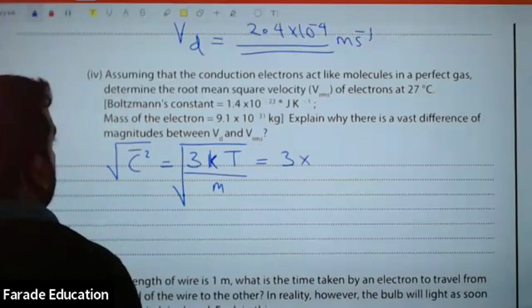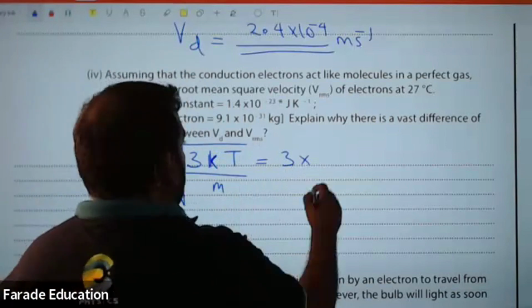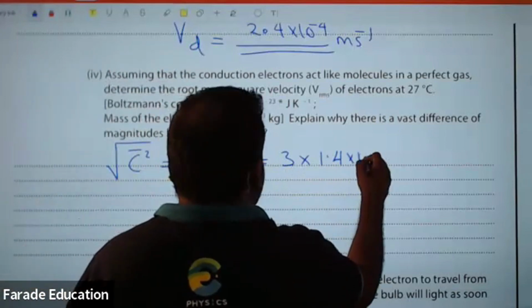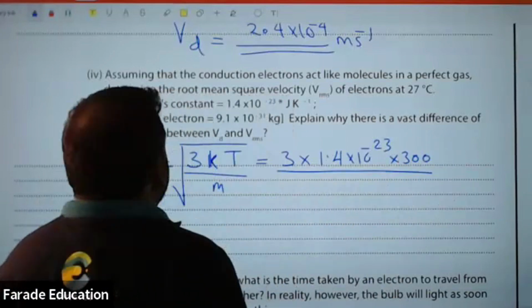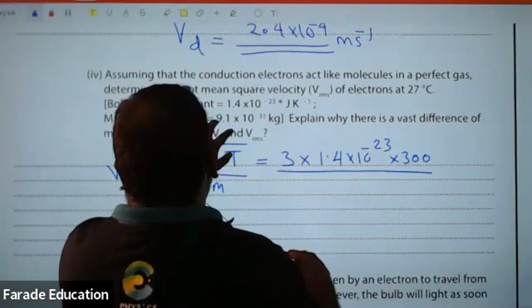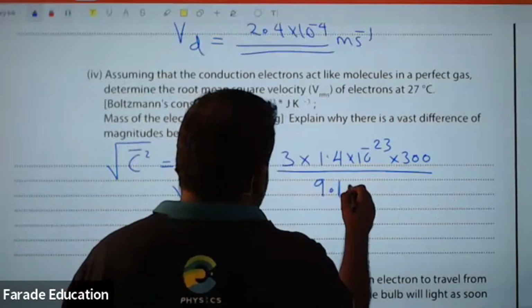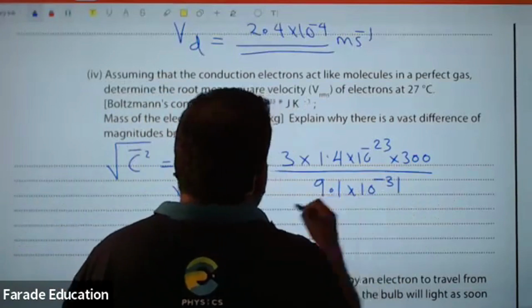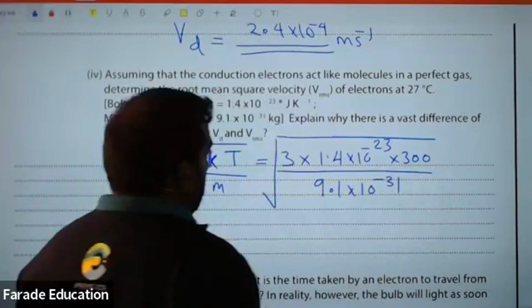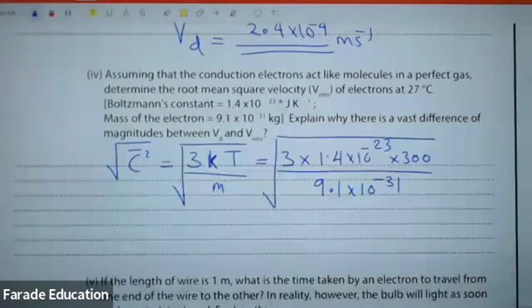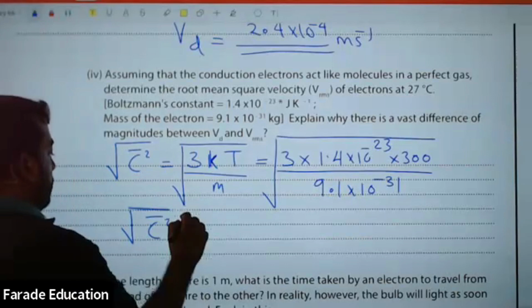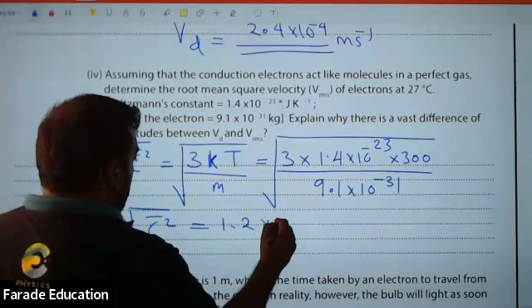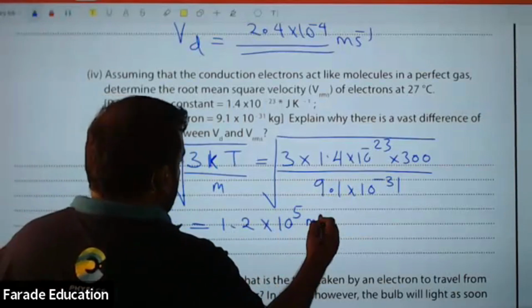Substitute now. Boltzmann constant is 1.4 times 10 to the power minus 23, temperature 300 Kelvin, divided by mass of one electron, 9.1 times 10 to the power minus 31, whole thing square root. If you simplify, root mean squared velocity is 1.2 times 10 to the power 5 meters per second.